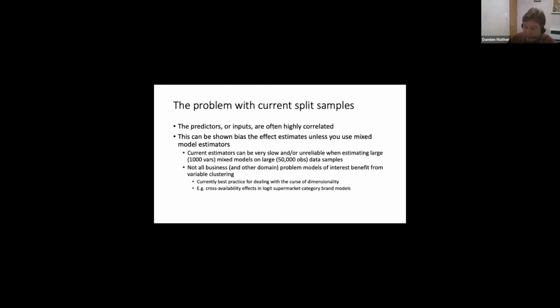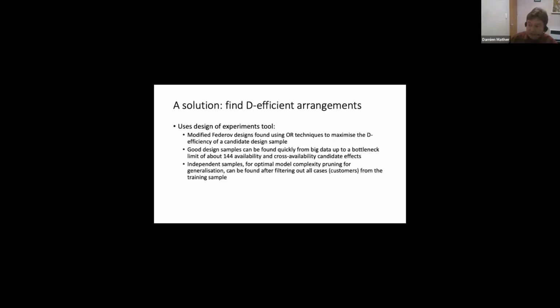And sometimes what we're interested in blows up into large numbers of dimensions, and there'll be some stakeholder in the supermarket who'll want to know all about that dimension that you can't throw away. The way I'm approaching it is a way of finding D-efficient arrangements.